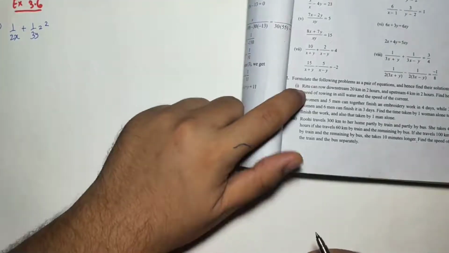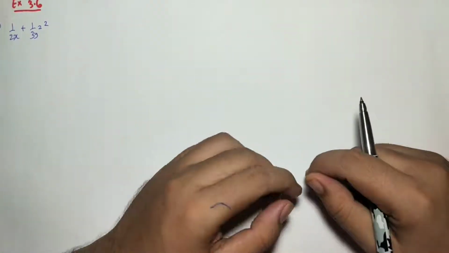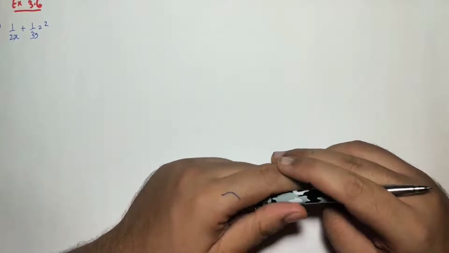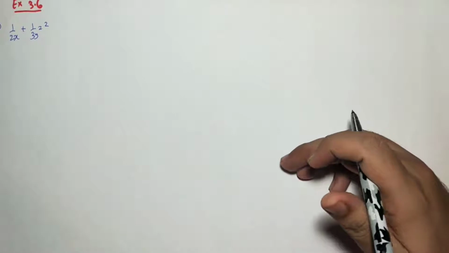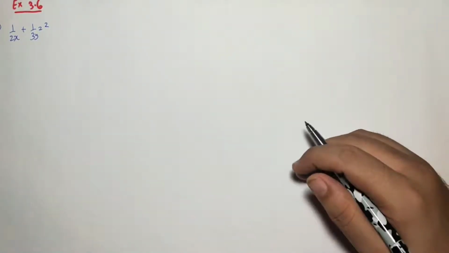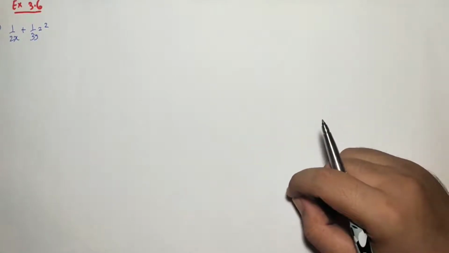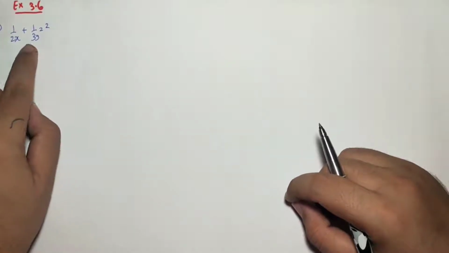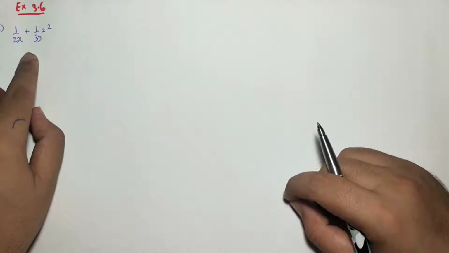Now, as you can see in this equation, x and y are in the denominator. 2 and 3 are in the denominator also, but we don't have to take any tension regarding those numbers. The main problem is x and y are in the denominator. If I take LCM, then the denominator will become xy. That is more difficult to solve.